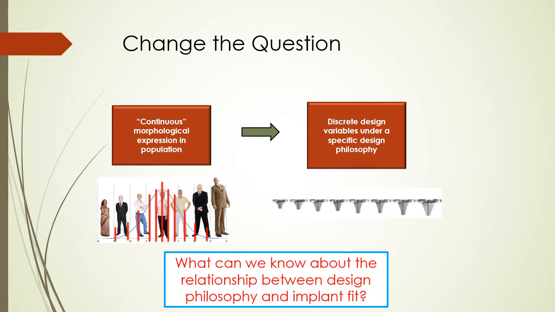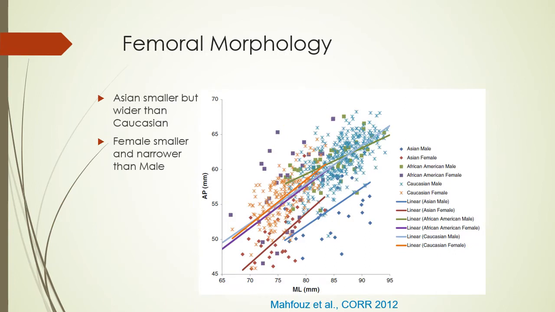But also, we have seen that simplicity is the ultimate sophistication. How do we make sure we have the best design philosophy that's simple enough but sufficient to ensure a good implant fit? From the total knee arthroplasty standpoint, in terms of distal femoral morphology, this is the plot correlating the anterior-posterior dimension and mediolateral dimension of the distal femur.